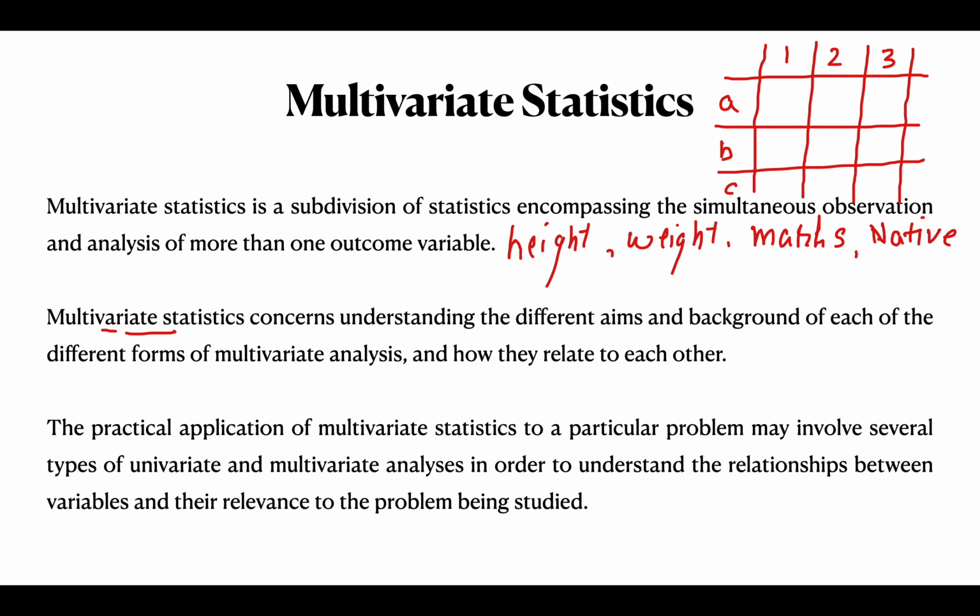So I can perform the analysis as I wish. First of all, I can study just the first attribute. If I consider only this part, this is univariate statistics for me, because I am considering only one variable at a time.